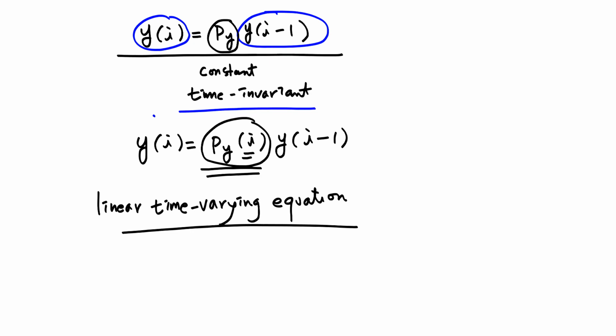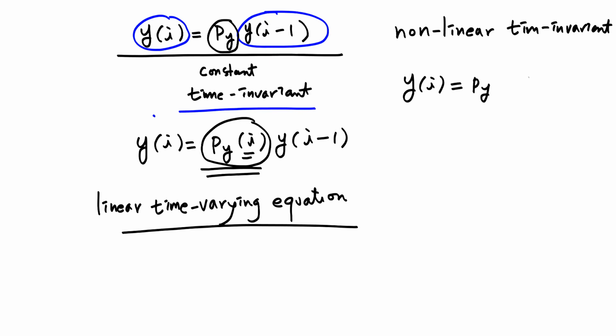We can also have an equation which is nonlinear time invariant. y of i is equal to p sub y times y of i minus 1 squared, for example. Now, we have this p sub y, which is constant, meaning that our equation is time invariant.